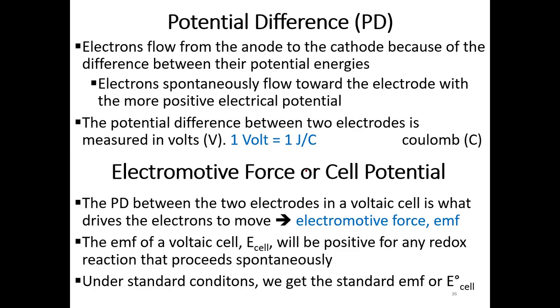So silver is the electrode with the more positive electrical potential. That's why the electrons are flowing from copper to silver. You may ask, why not from silver to copper?